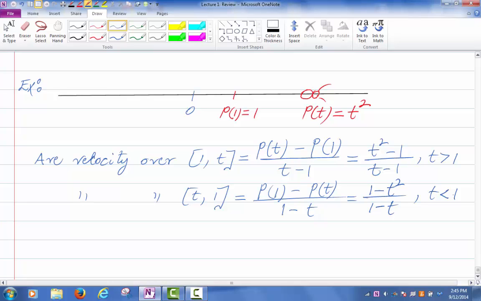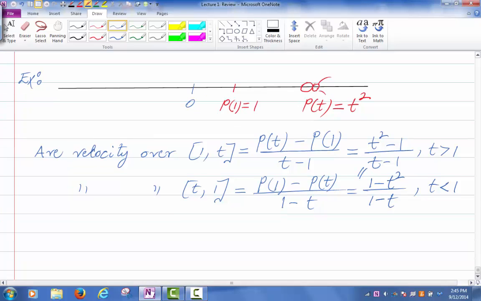You agree with that? Basically, I am multiplying the numerator by -1 and the denominator by -1. So either way, whether t is less than 1 or bigger than 1, the average velocity over that time interval is given by that ratio.